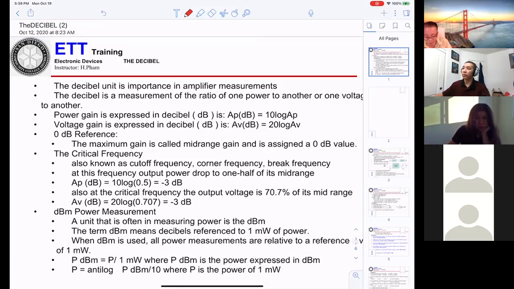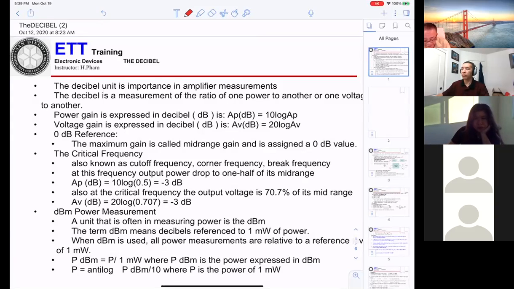After we get through, I will go over it to make sure you understand. It is also known as the cutoff frequency, corner frequency, or the break frequency. The critical frequency has different names. Some call it a corner frequency, some a break frequency, or cutoff frequency.